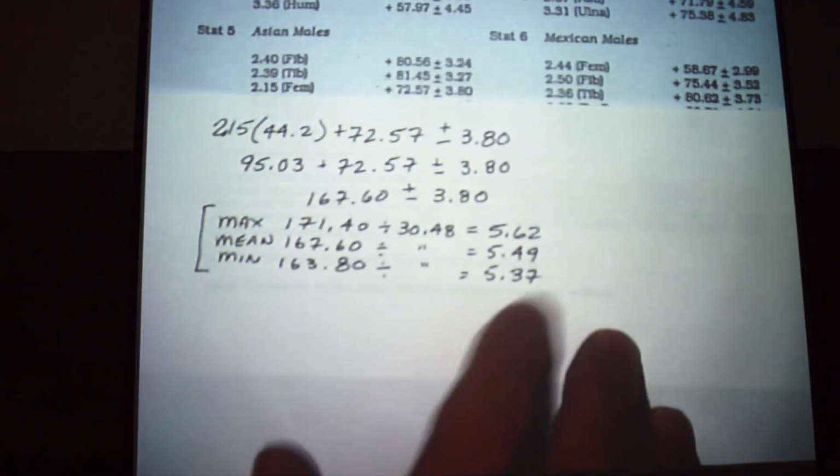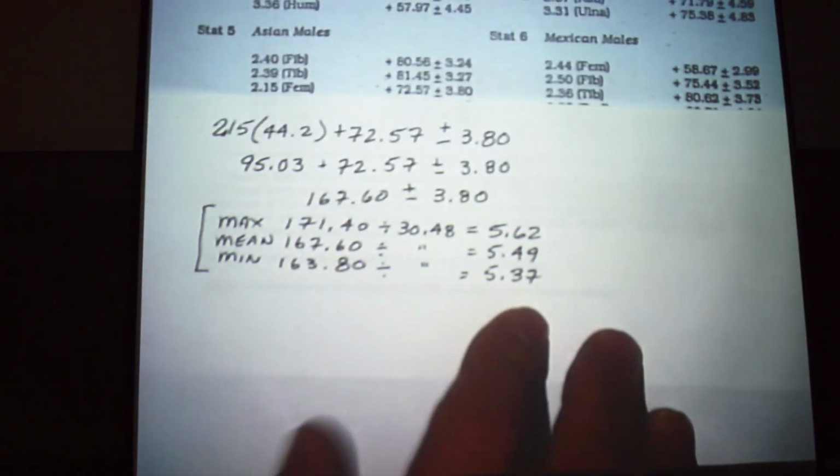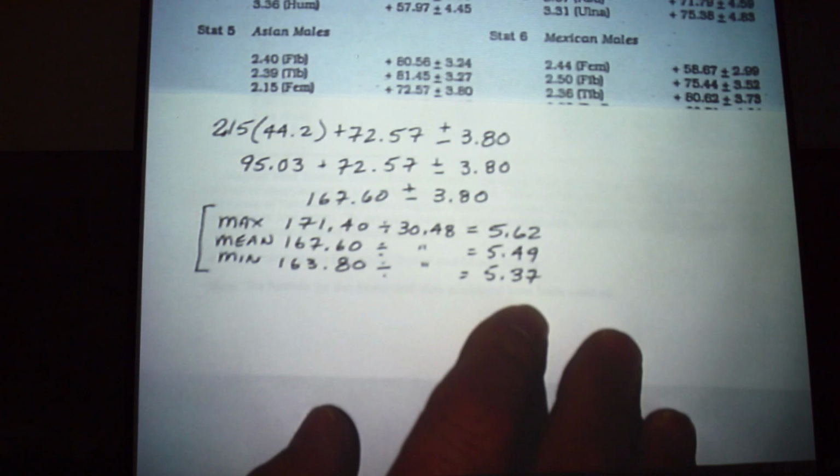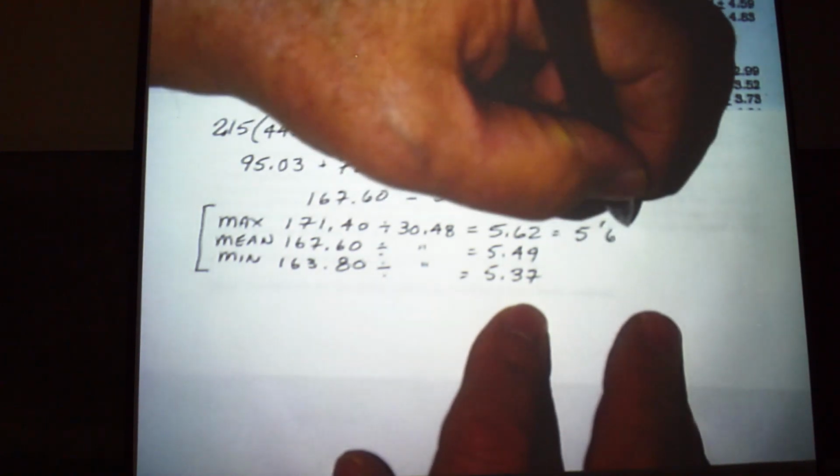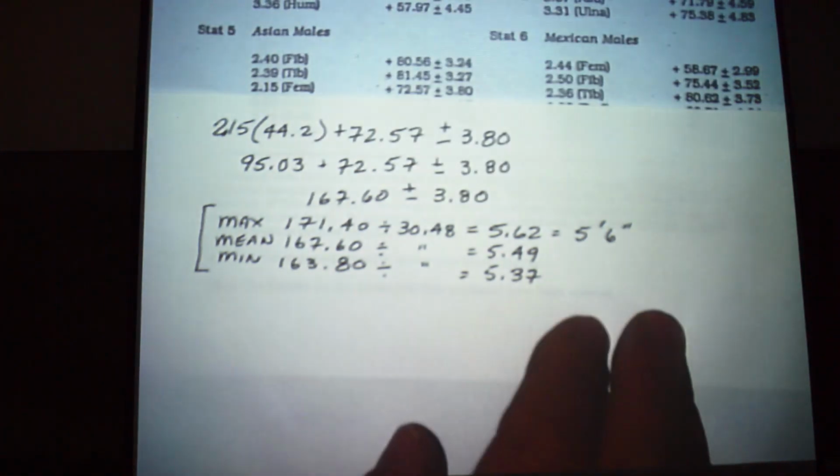Now what you'll do with these is, rather than go one step further and move them into that 12 range, we're just going to go ahead and say that this is 5 foot 6 inches. And that actually works out to that.